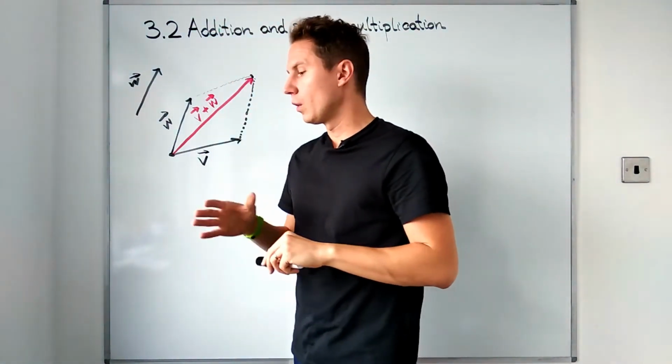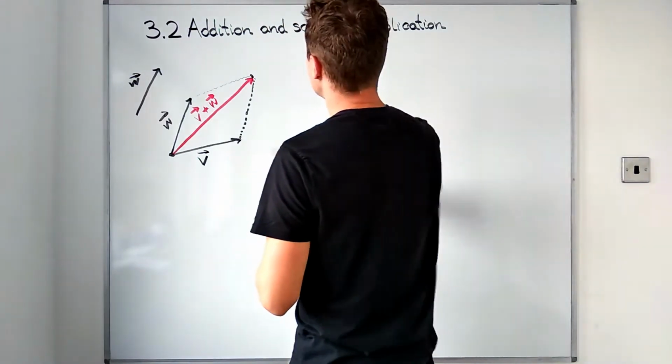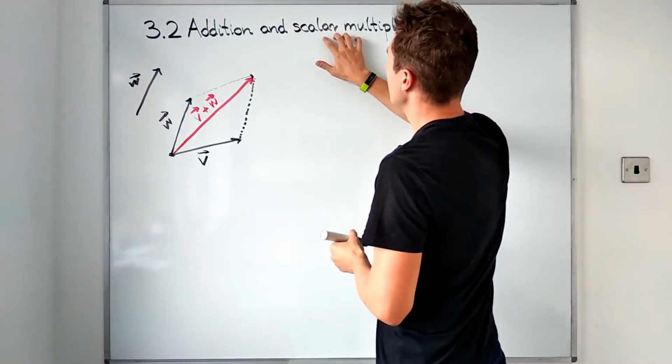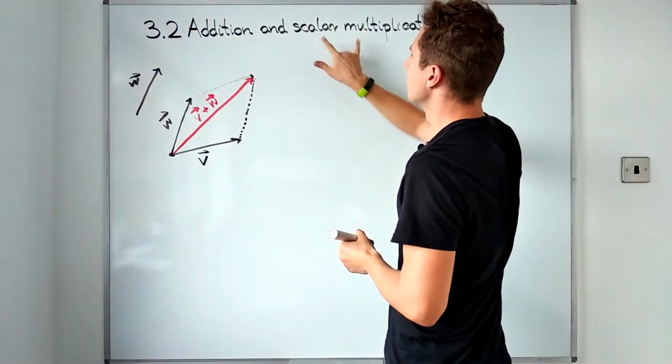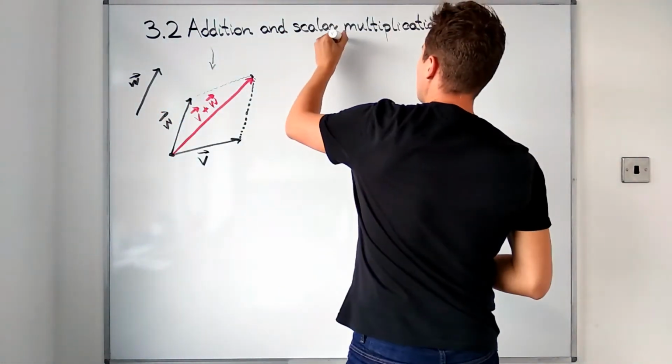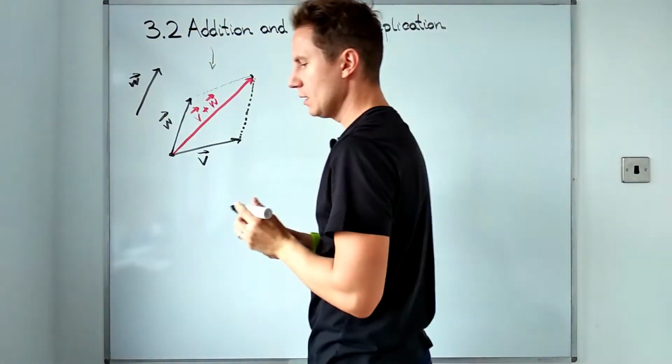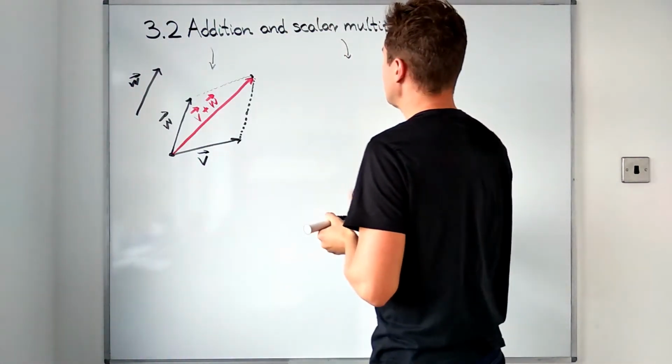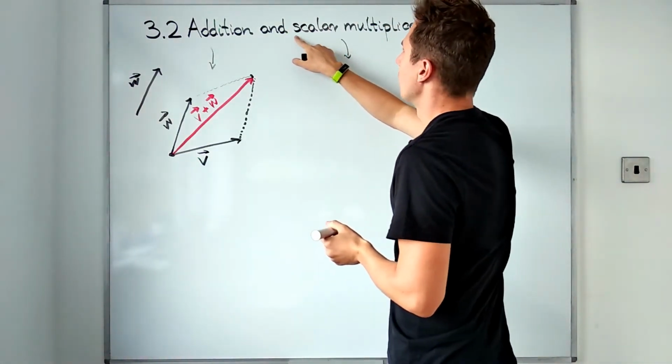For another type of operation on vectors, we can look at scalar multiplication. So this was addition. Now scalar multiplication, what does it mean? It means that we take a scalar, a number.